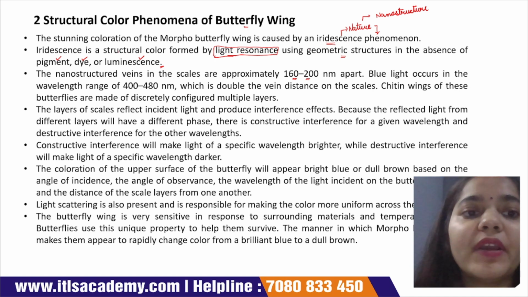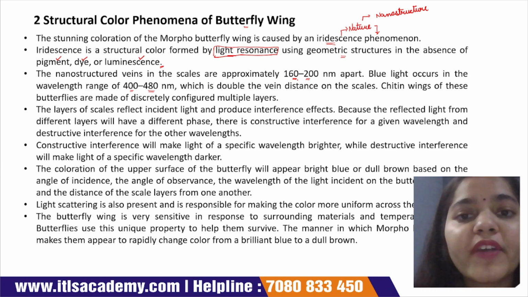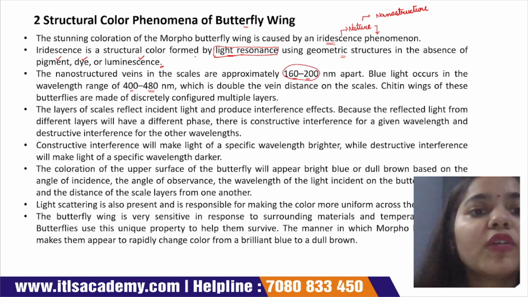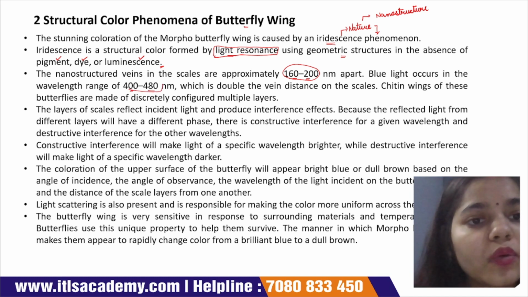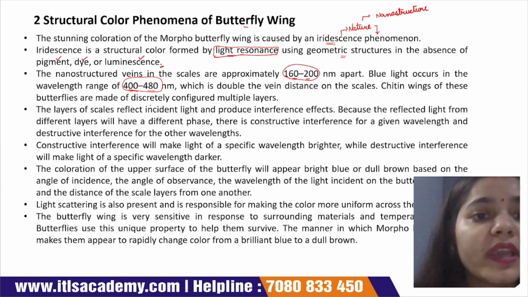Blue light occurs in the wavelength range of 400 to 480 nanometers, which is double the distance between the wing structures on the scales, because the distance is in the 160 to 200 nanometer range and the wavelength of blue light is 400 to 480 nanometers. The chitin in these butterfly wings is made up of distinctly configured multiple layers.